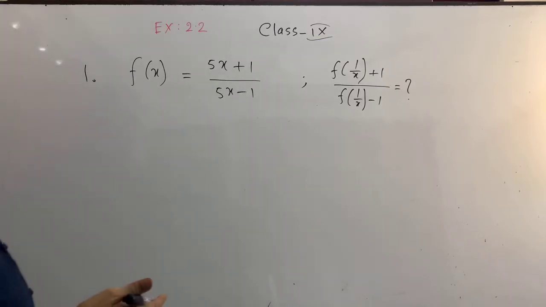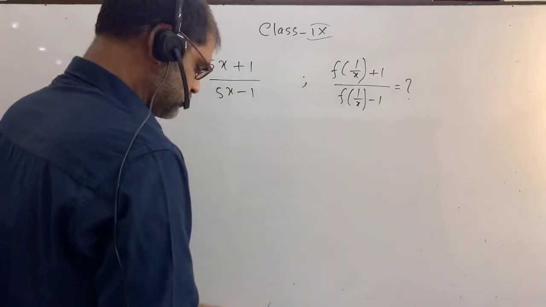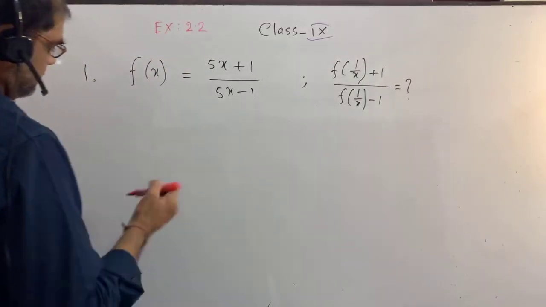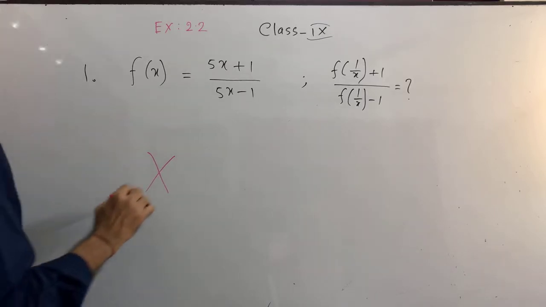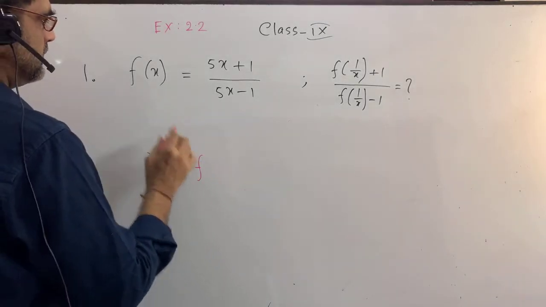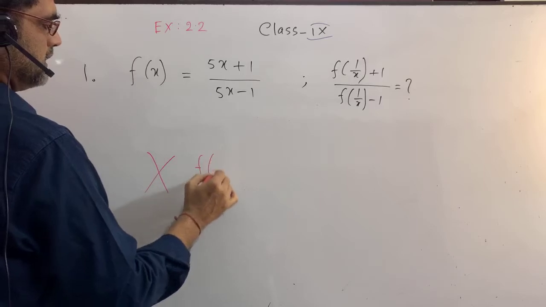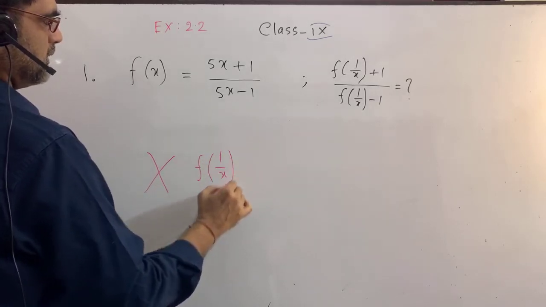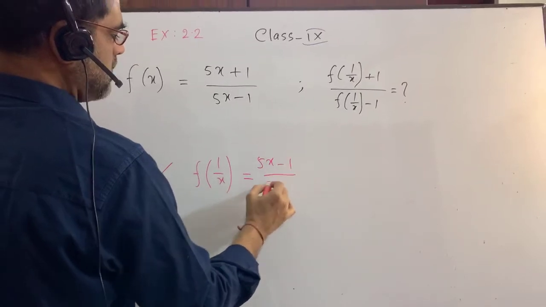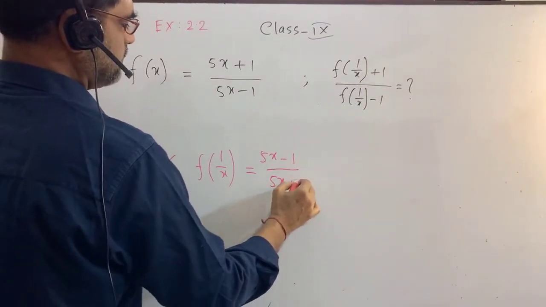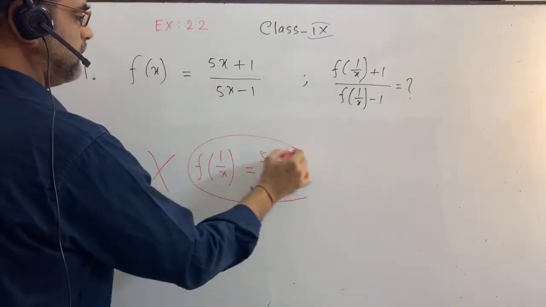I have seen too many students doing the math in the wrong way. That is, they write down f of x is this, they write down f of 1 by x is. It is wholly and fully wrong.